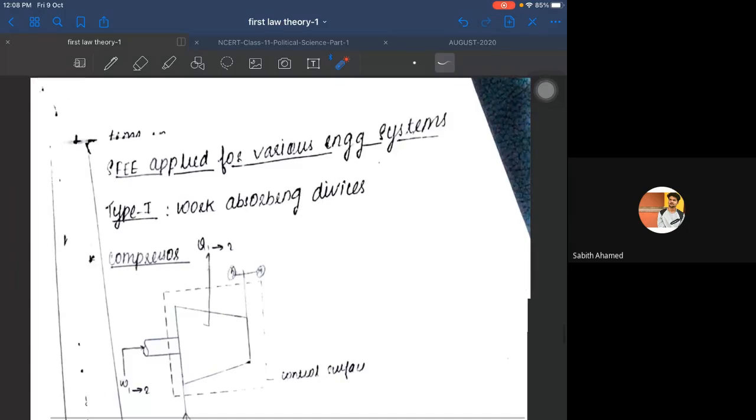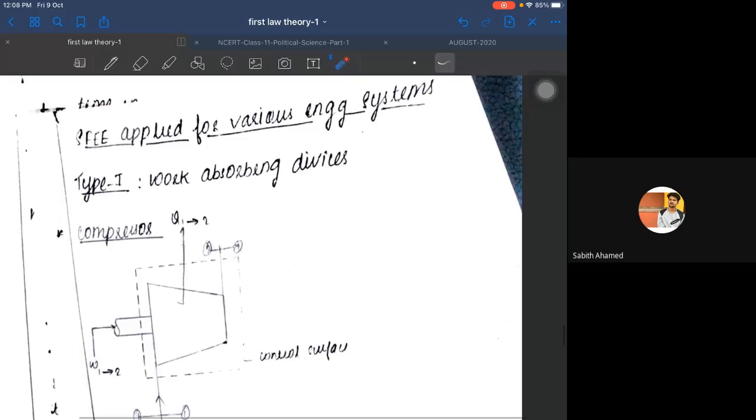Now we will be taking the individual components like turbine and pump, applying the SFEE to them, and calculating the final expression. That means the reduced expression. It's not the final expression, you can say it's a reduced expression. Note, guys, you no need to remember the individual formula for each application.